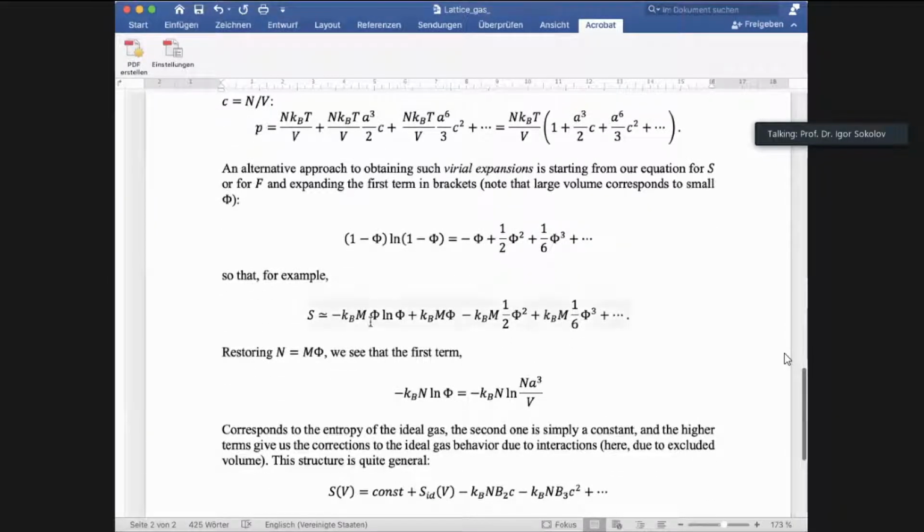So I keep the first term as it is, and I expand in Taylor series this part, 1 minus phi ln 1 minus phi. This is what I get. It has different coefficients, 1/6, and so on. One can differentiate and get the expansions.